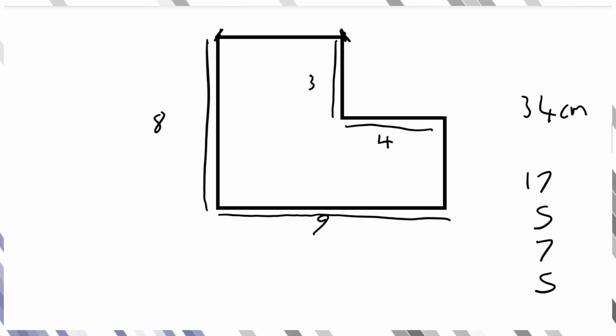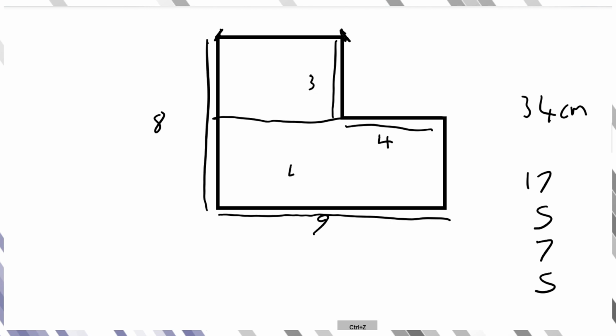Alright, now the area, let's split it that way and find the base and the height of each shape here. So the base and the height of the bottom rectangle, the base is 9. Then the height we need to figure out. So we've got the whole height is 8, but we don't want the top, which is 3. So we need to take that away from 8. That gives us 5. So the area of the bottom rectangle is 9 times 5, which is 45.